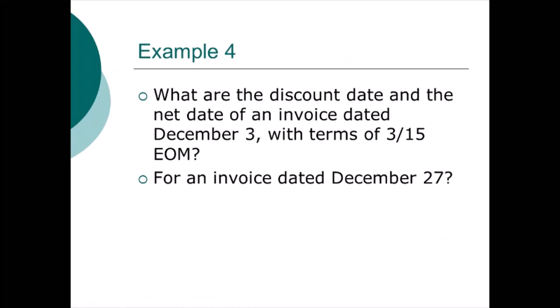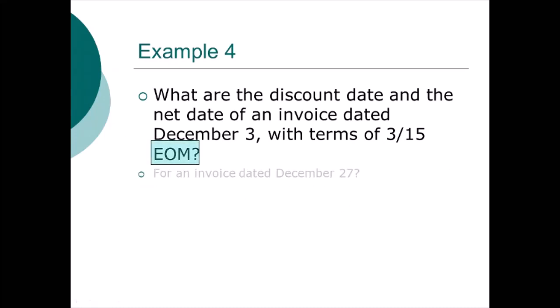Let's have an example. We will have two cases. The first case, the invoice date is between the first day of the month up to the 25th day of the month. First example, the terms are 3% in 15 days EOM. So we will observe EOM dating. Starting with December 3, this is between the first day of the month and the 25th day of the month.